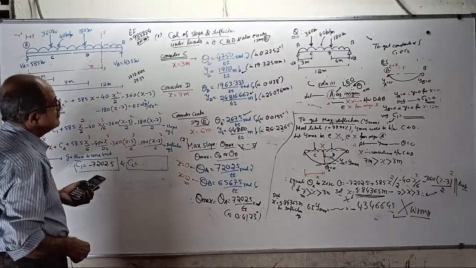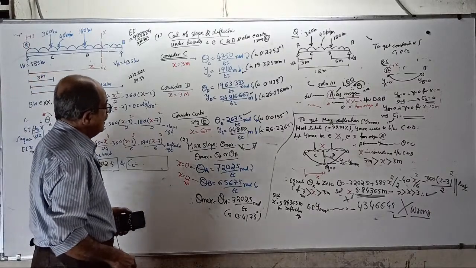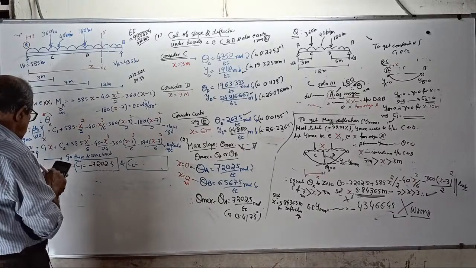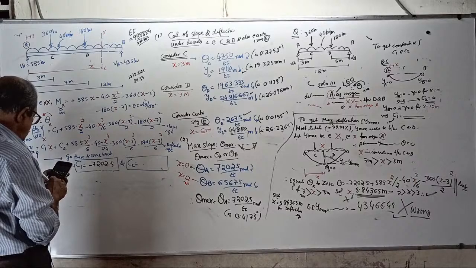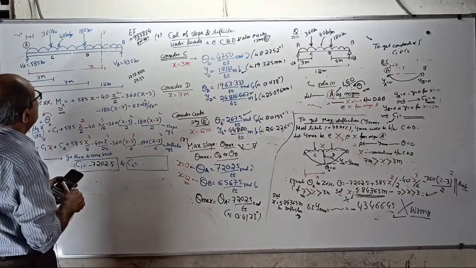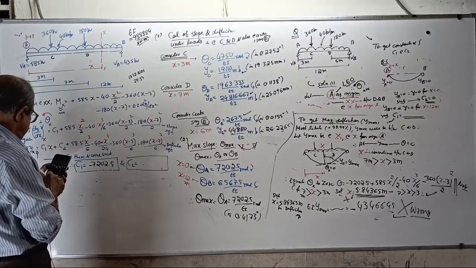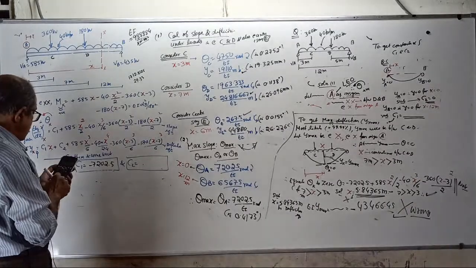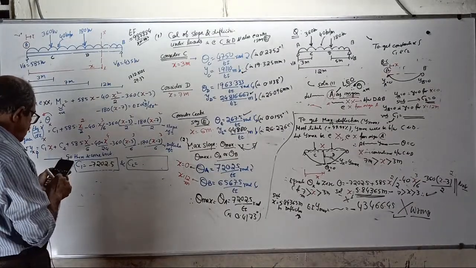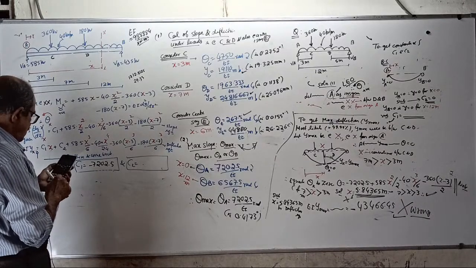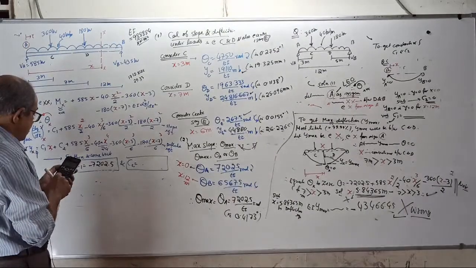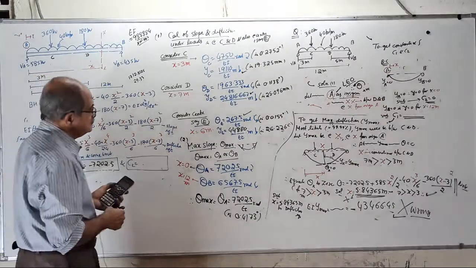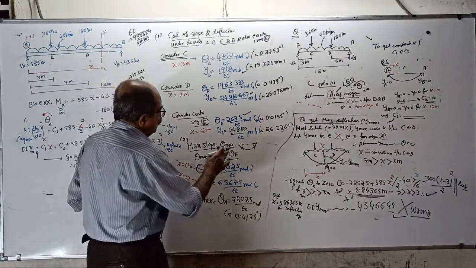25935. Where? Deflection center is C1 plus 25935. It is coming 25935.